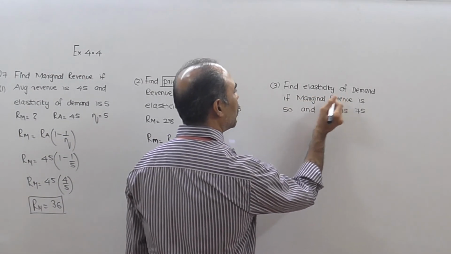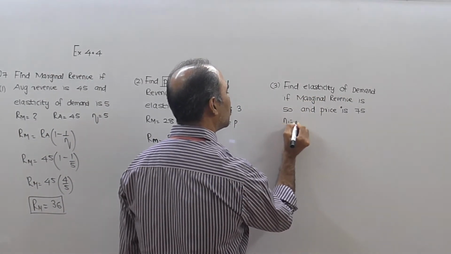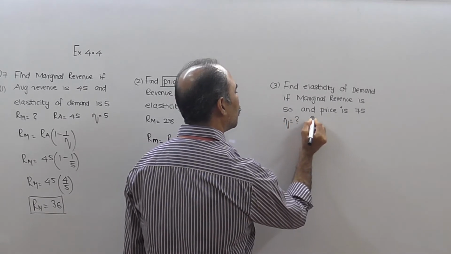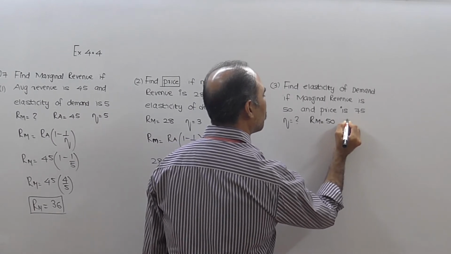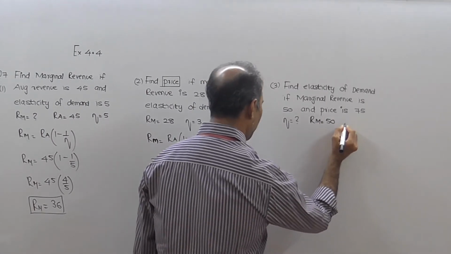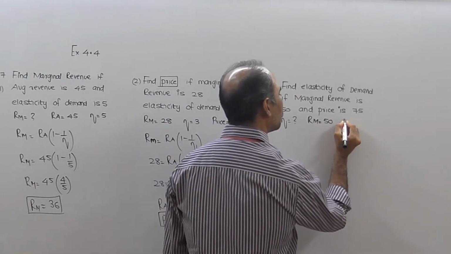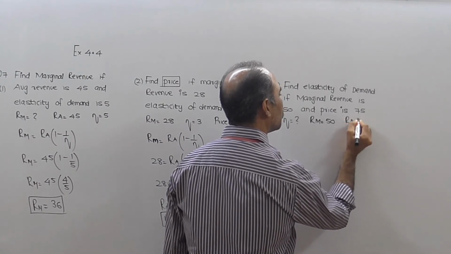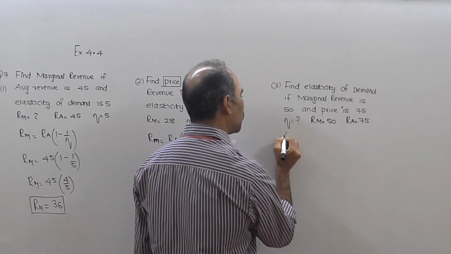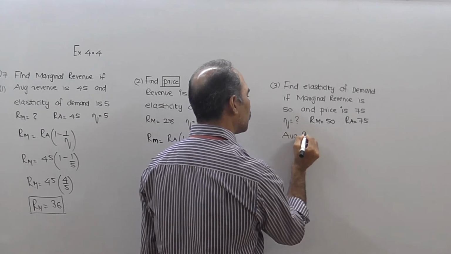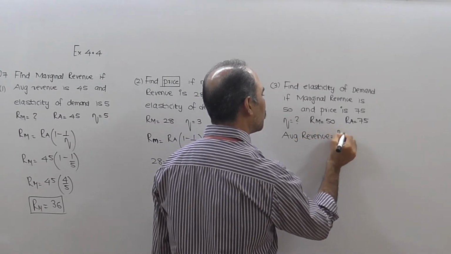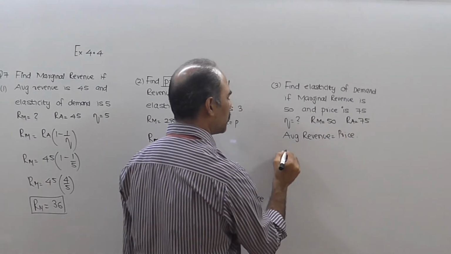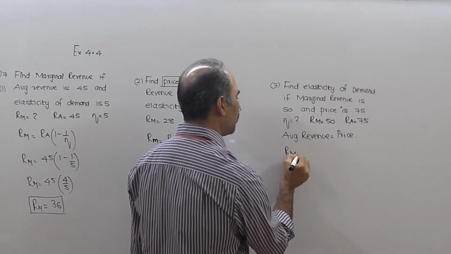Next is find the elasticity of demand. So elasticity of demand I have to find. Marginal revenue is 50. Price is nothing but average revenue. Remember that average revenue is also equal to price. So we can go for the relationship formula.